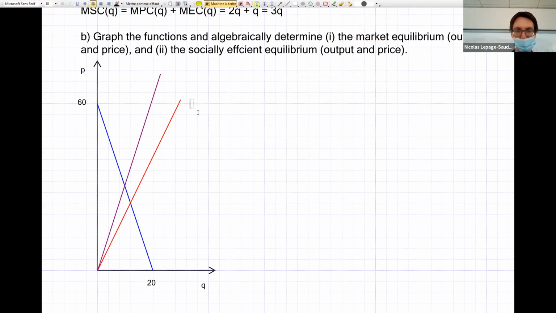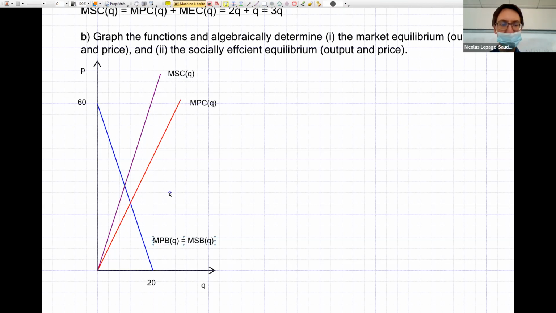And so this is marginal private cost of Q. This is marginal social cost of Q. And this is marginal private benefit of Q equals marginal social benefit. So once you have made a nice drawing, then everything is super easy. Market equilibrium and socially efficient equilibrium.